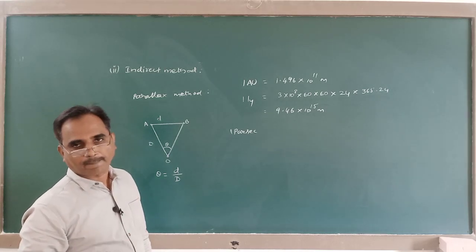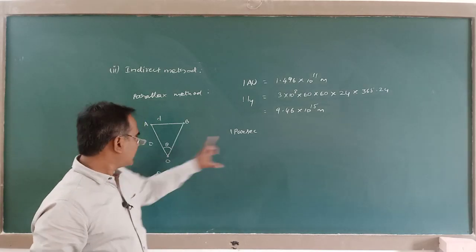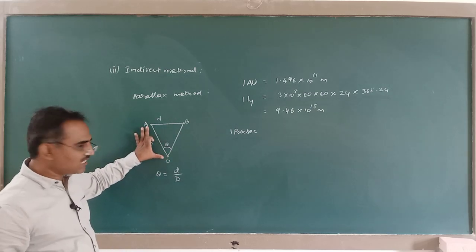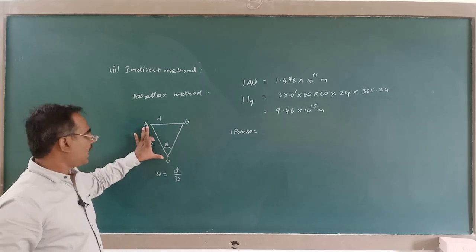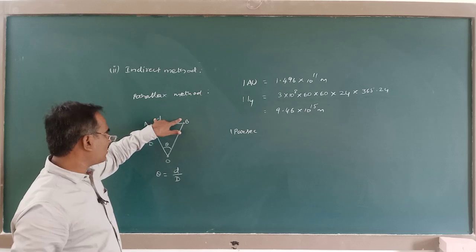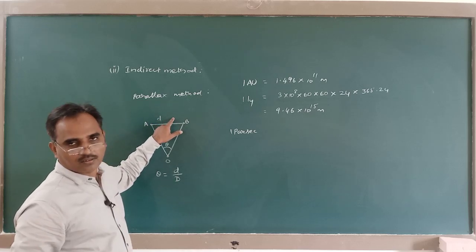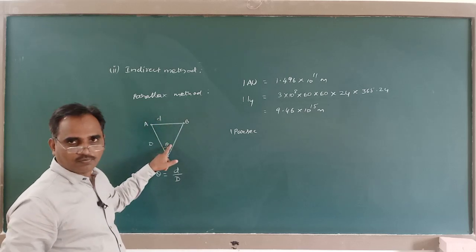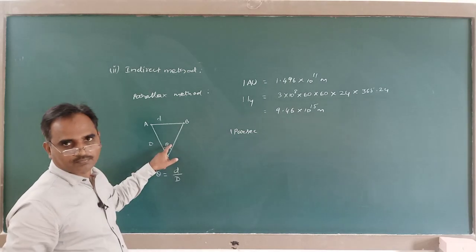I repeat, 1 parsec is the distance at which 2 points separated by 1 astronomical unit subtend an angle of 1 second.